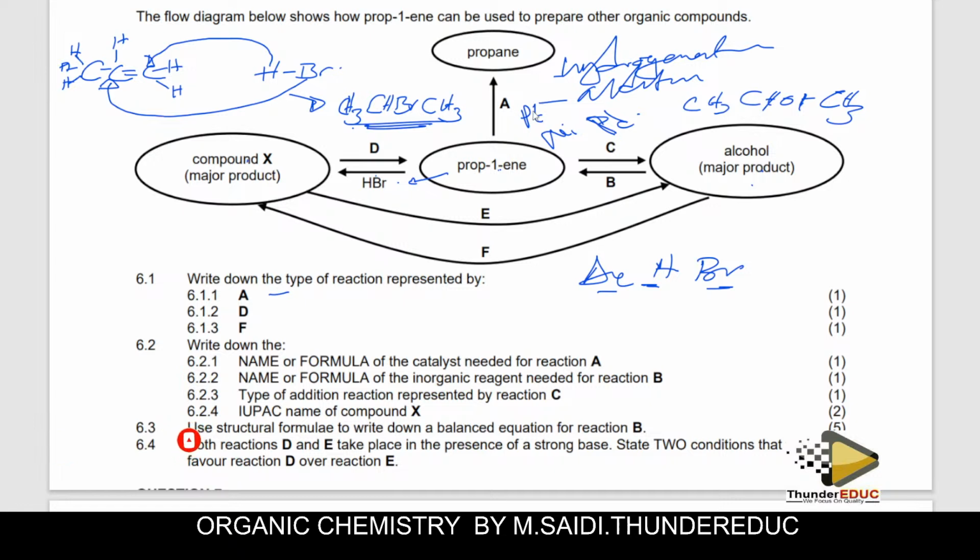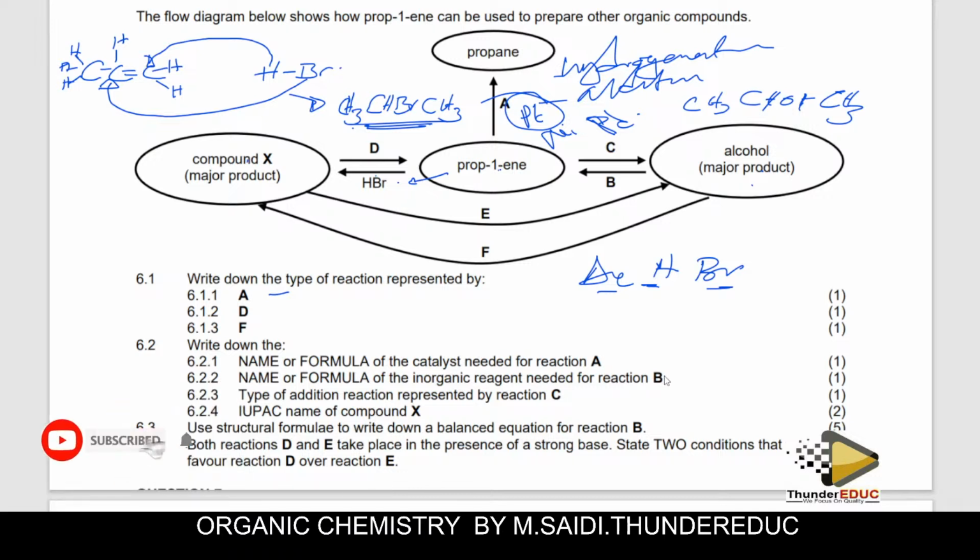So platinum, nickel, palladium are all good for that. But I prefer platinum, because we usually use it in many reactions. Okay, they're saying name the formula of the catalyst. I'll put the catalyst there.